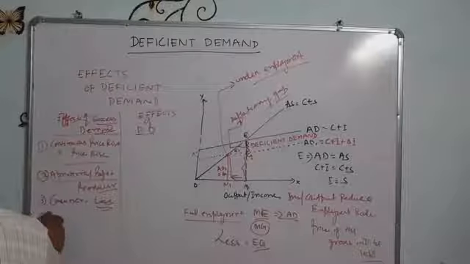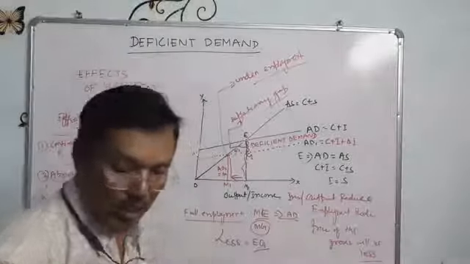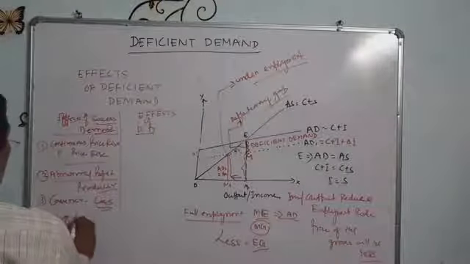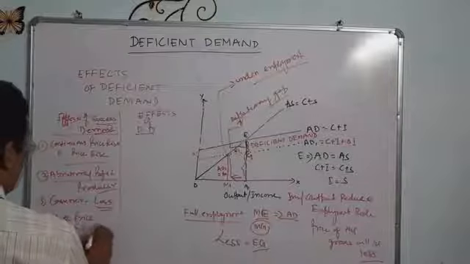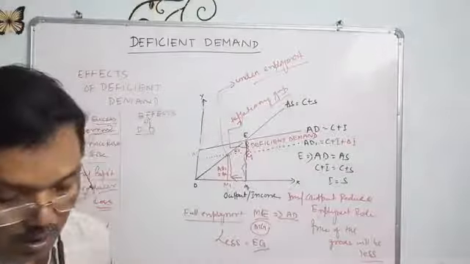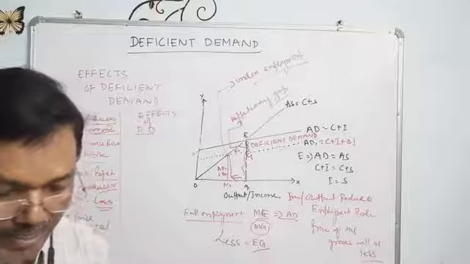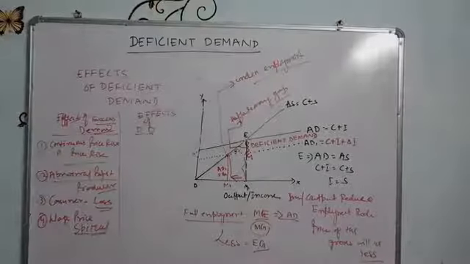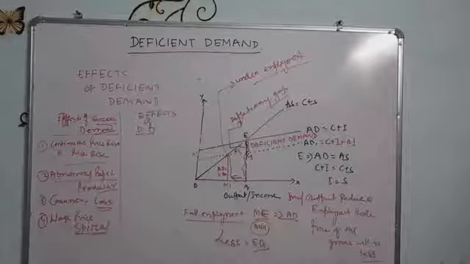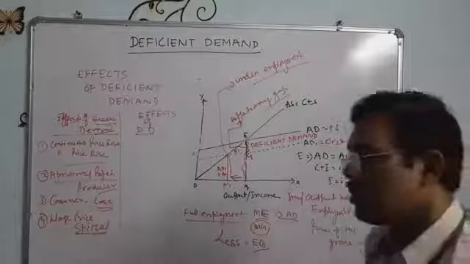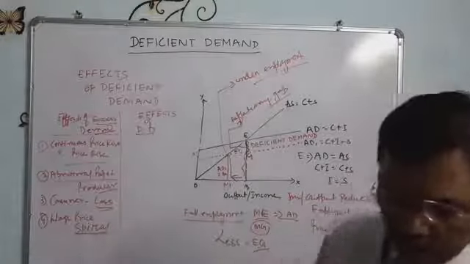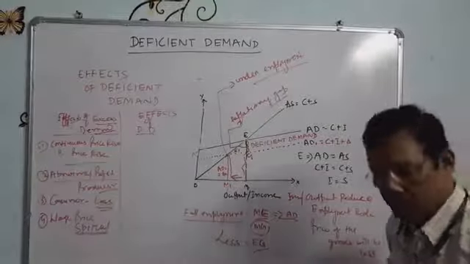So the fourth point, which was the most important point I was discussing, is the wage price spiral. What do we mean by wage price spiral? I have already said: when the prices of several goods rise, consumers are unable to purchase those goods, so they will demand an increase in their salaries.